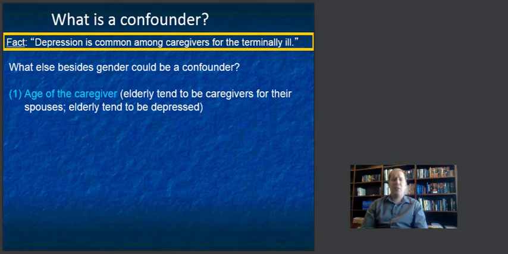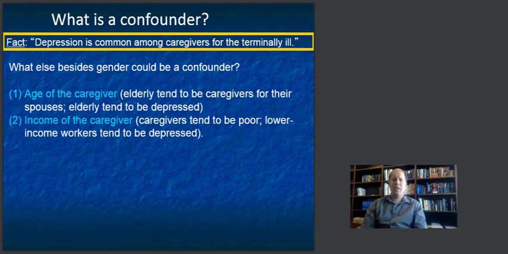Oftentimes, elderly people tend to be caregivers more than younger people. That's because elderly people who caregive for the terminally ill are often spouses. They too are elderly because they're caring for the elderly. Elderly people also tend to be depressed. So here, just like in the case of gender, if we don't control for the age of the caregiver, we might mistake what in fact is the causal relationship.